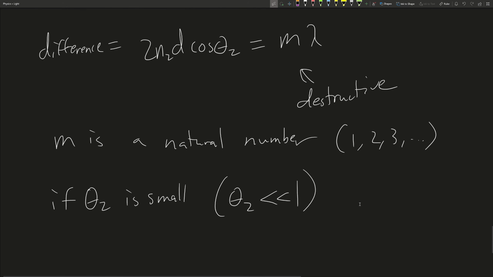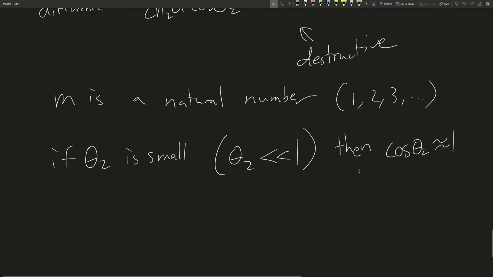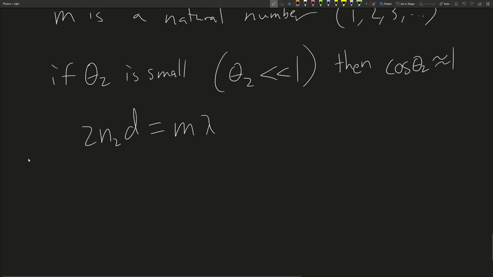So if theta 2 is small, then cosine theta 2 is roughly equal to 1. And so we can say that 2 n2 d is equal to m times the wavelength, or the thickness of the film d is equal to m divided by 2 times the wavelength divided by n.